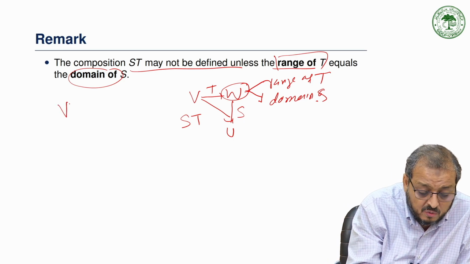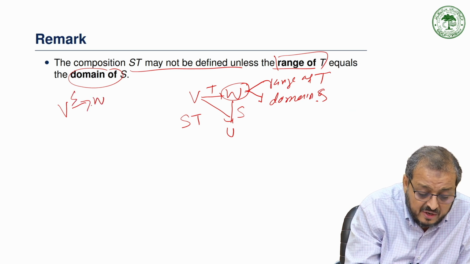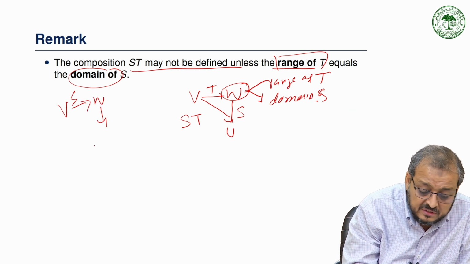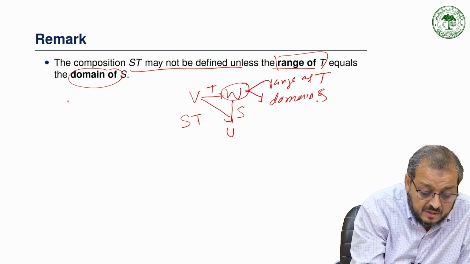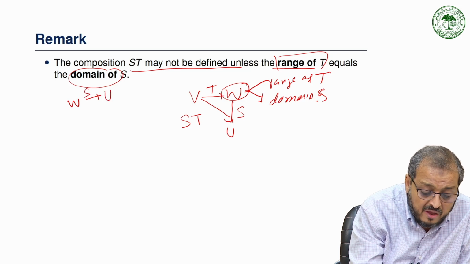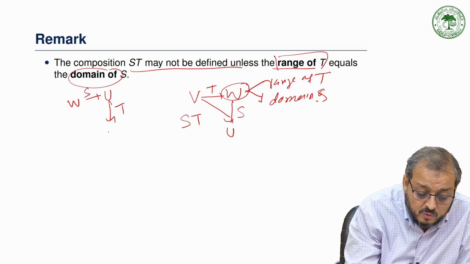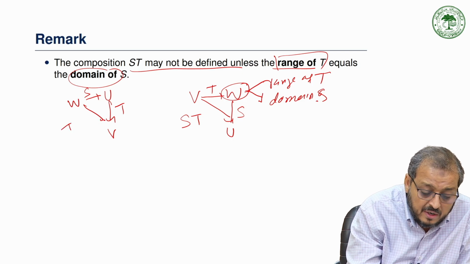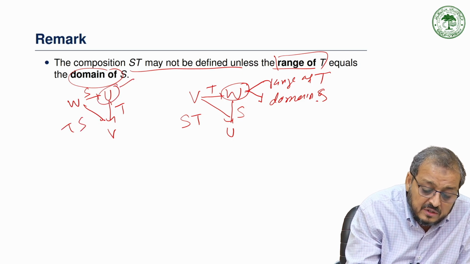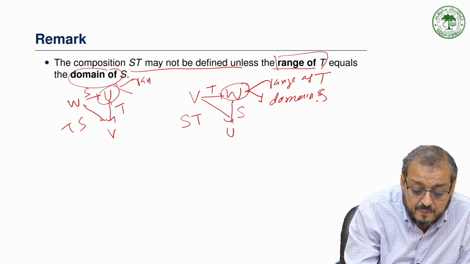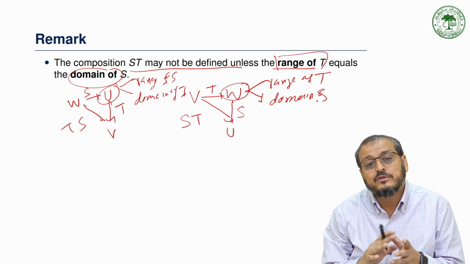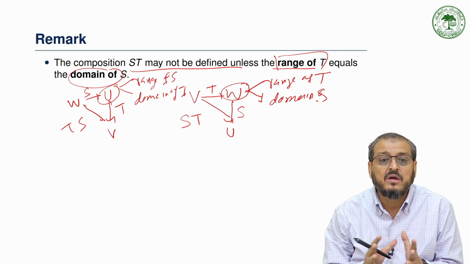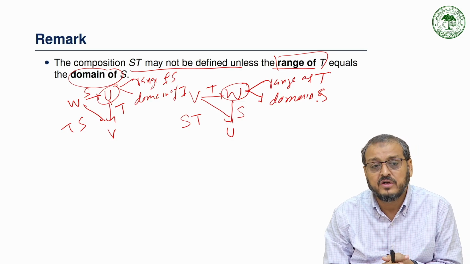If we have S from W to U, and then T from U to V, then we have TS, and TS is only defined if the range of S is equal to the domain of T. So this means the composition ST may not be defined unless the range of T equals the domain of S.